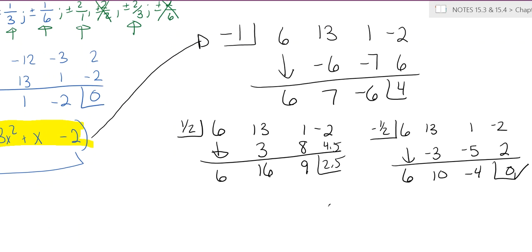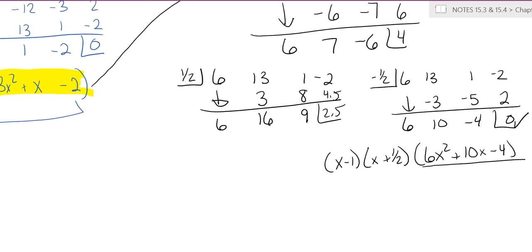So now I have x minus 1, x plus 1/2, and then I have 6x squared plus 10x minus 4. I want to factor this right here. I can take out a 2, and I have 3x squared plus 5x minus 2.